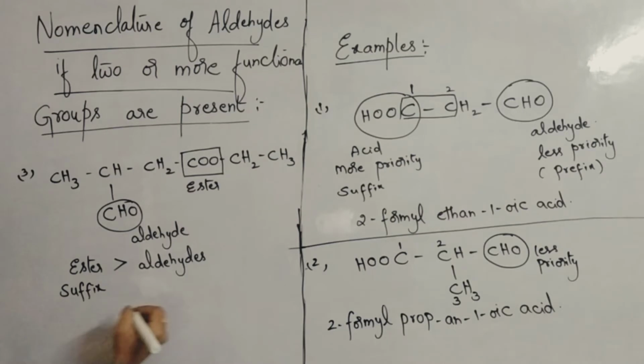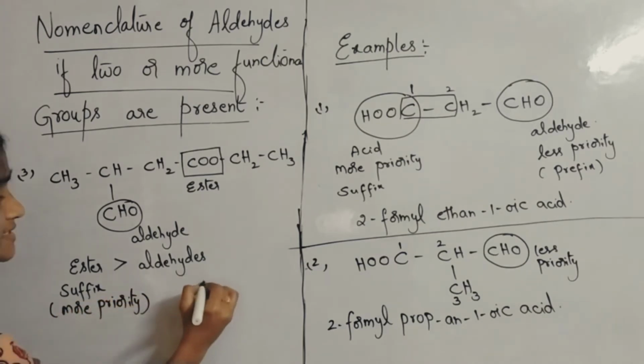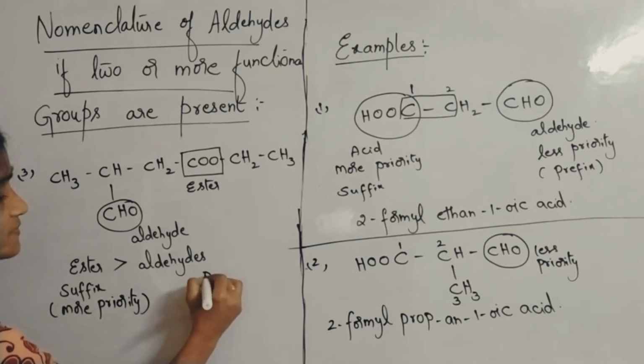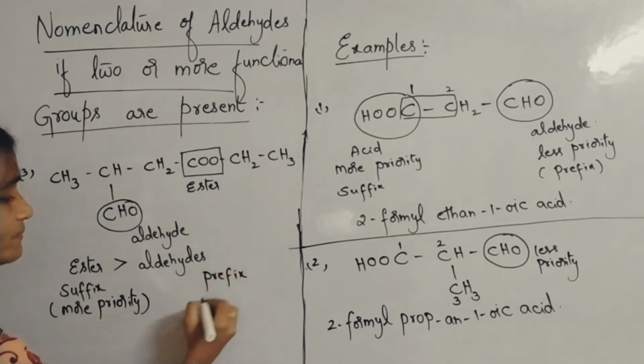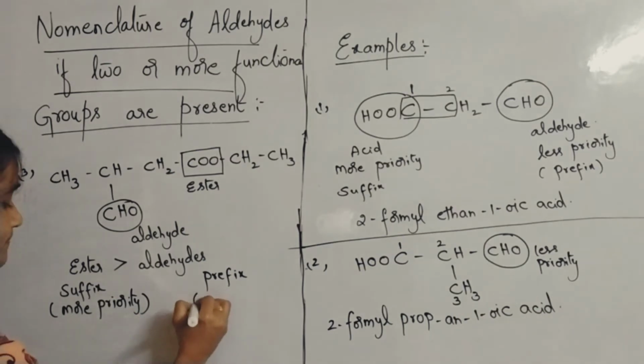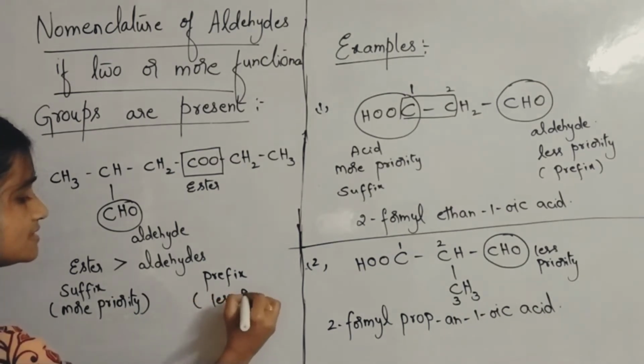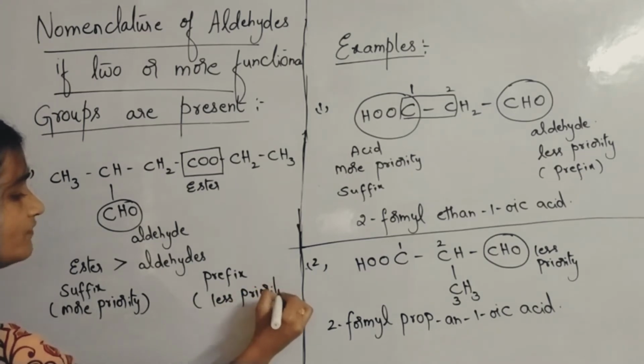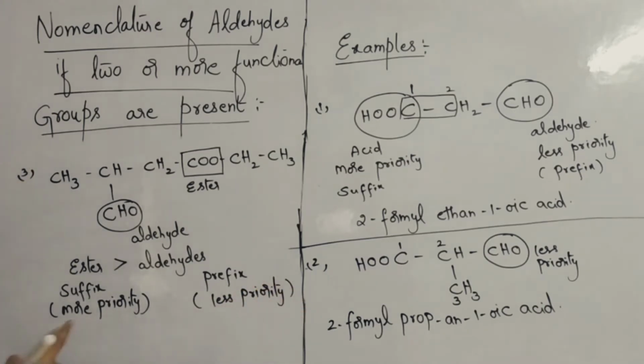Okay, ester more priority, suffix. Aldehyde less priority. So for aldehydes you are giving prefix, that is formyl is a prefix you will use for aldehydes. For aldehydes you will use the prefix, and for esters you will use the suffix.